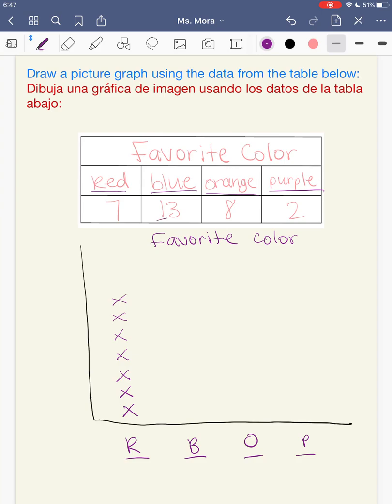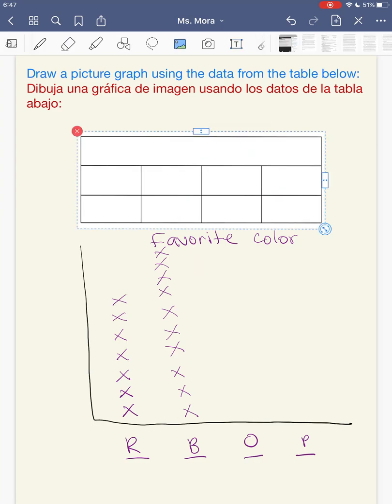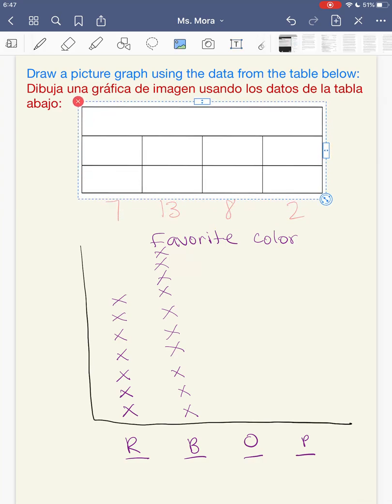So now moving on to my blue, and I see that 13 people like blue. A 13 personas les gusta el azul. Así es que voy a poner 1, 2, 3, 4, 5, 6, 7, 8, 9, 10. Oh, I didn't have a big enough space. Let me move this up.